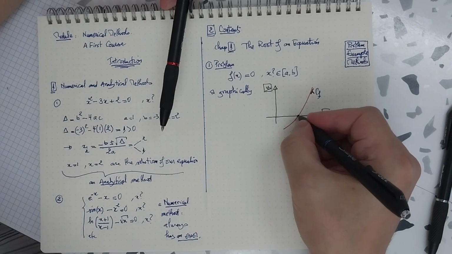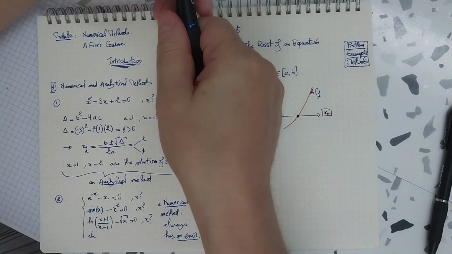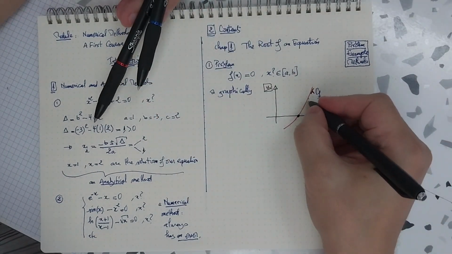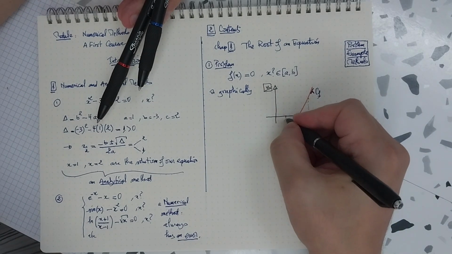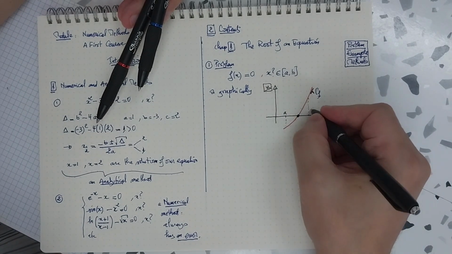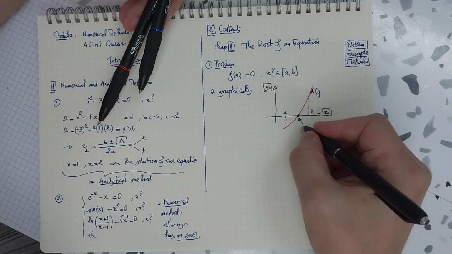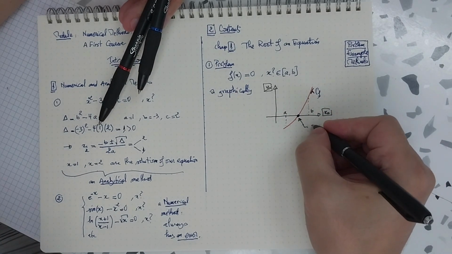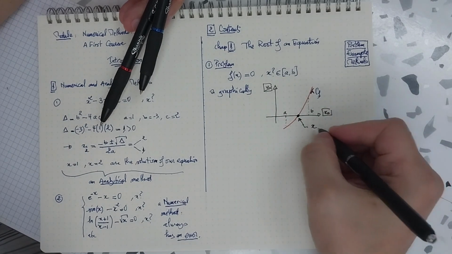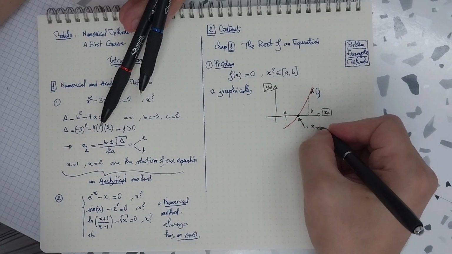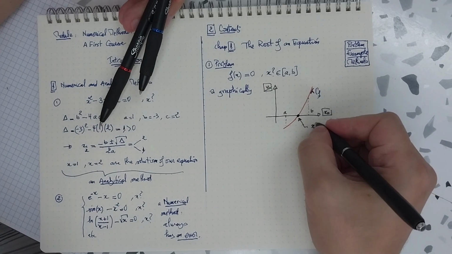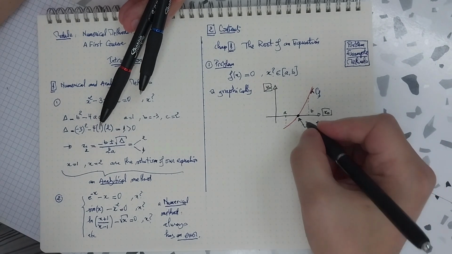And this is the root we are looking for between a and b. This is the root of the equation. Let's call it xR, and let's write a star to say that it's the exact root.